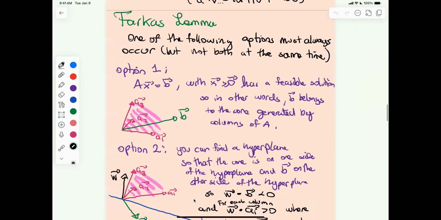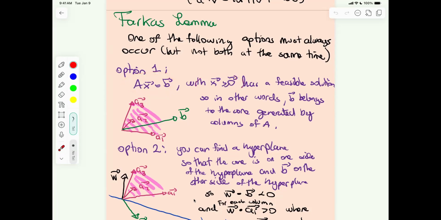You can have a solution to this system with the condition that the coefficients are not negative, which is essentially what we are looking at right now.